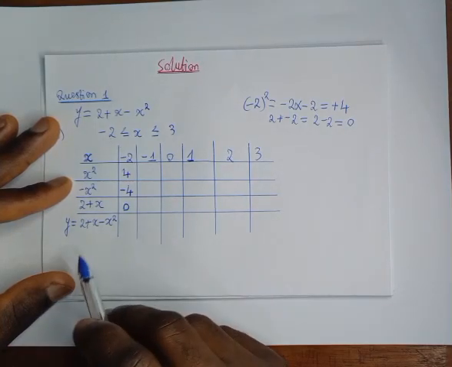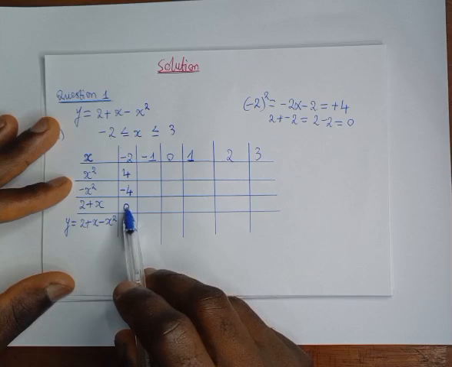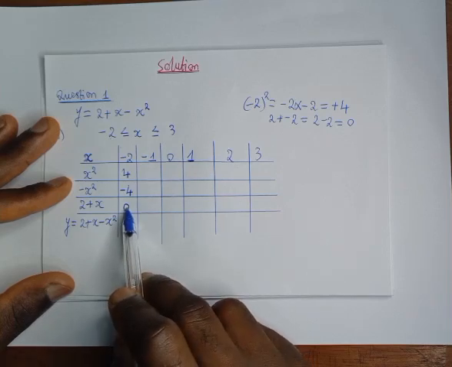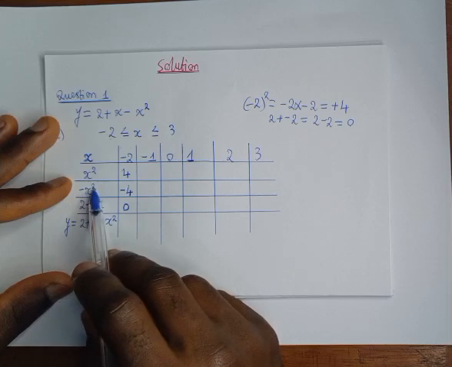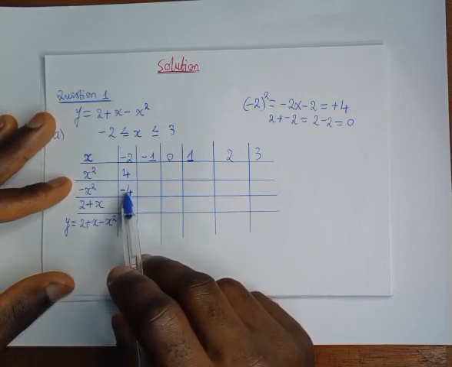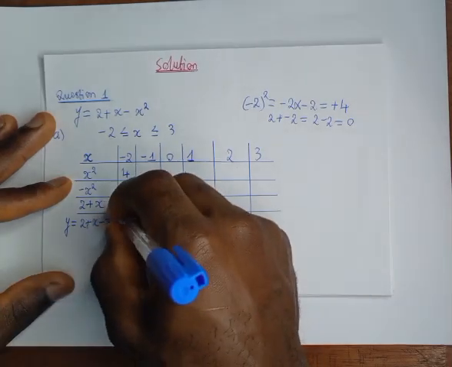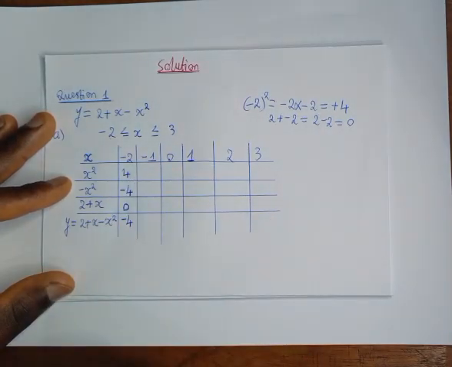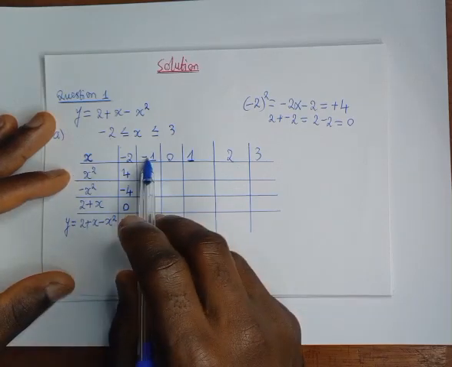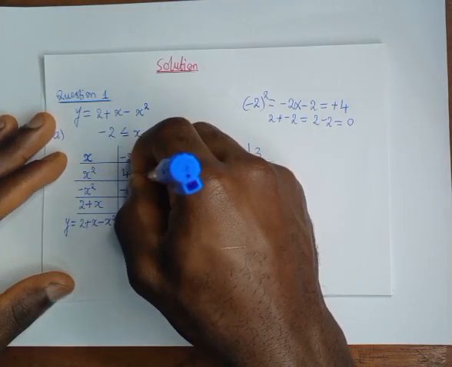We go now to the next. We take 2 plus x, this result 0. Then we add the result for negative x squared. So 0 plus negative 4 will give us negative 4. We go now to the next. Negative 1 squared. Negative 1 times negative 1 gives us 1.